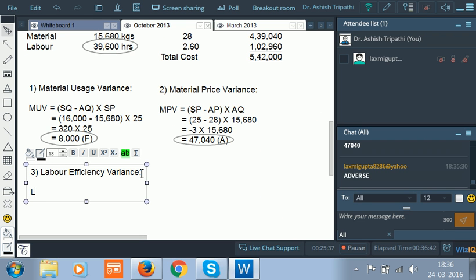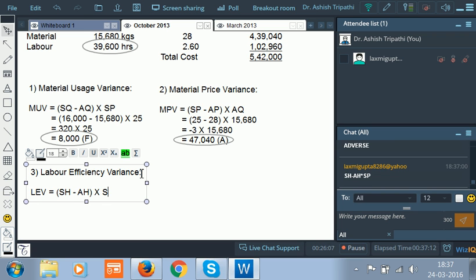So the formula for labor efficiency variance is, very good, standard hour minus actual hour into standard rate.